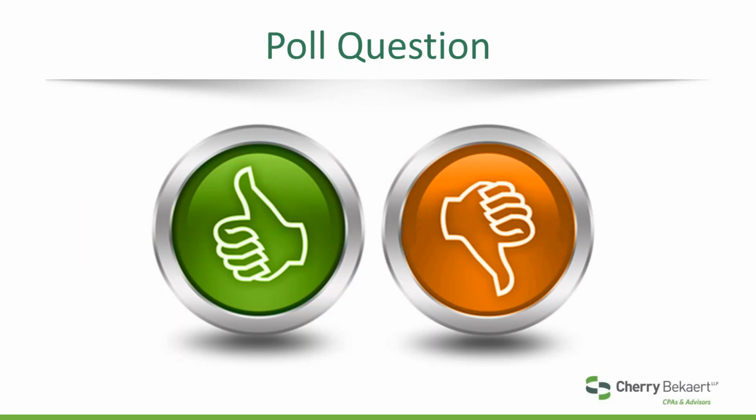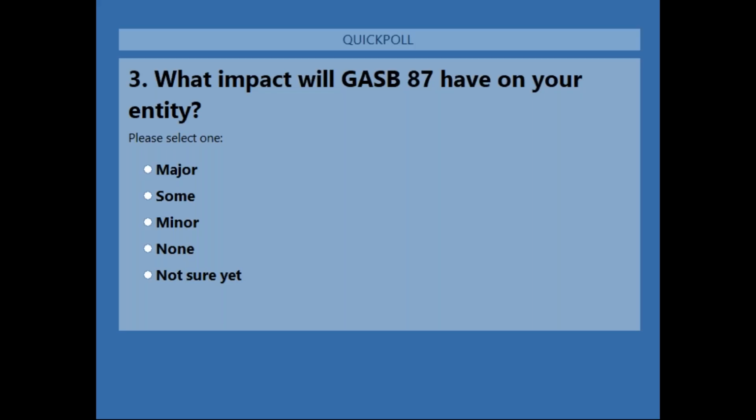So let's take a look at this next polling question, which also asks, what impact do you think Statement 87 will have on your entity? Major, some, minor, none, or not sure yet?